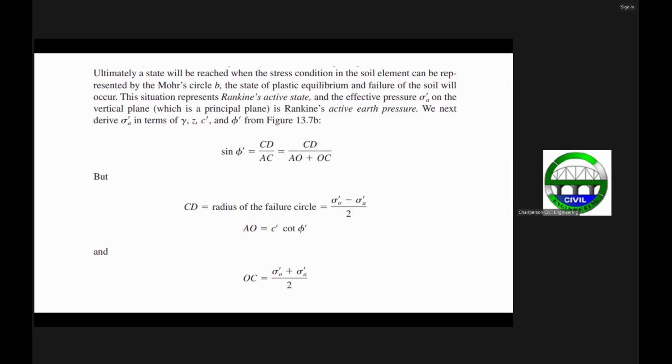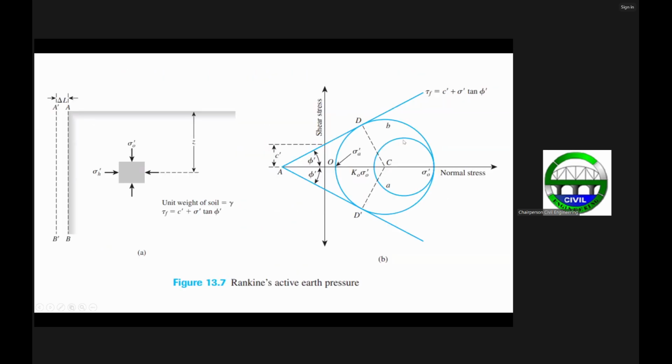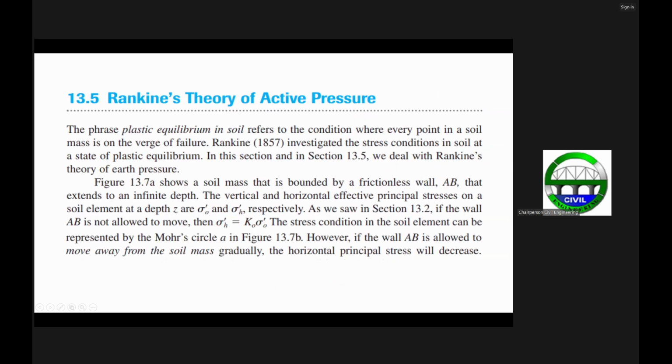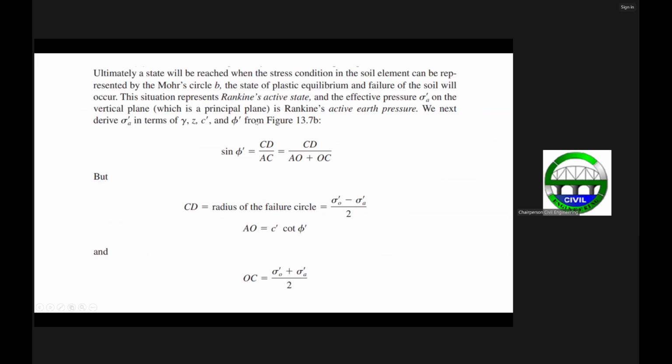So in that situation, that is now being represented by the Rankine's active state. So from this circle here to this Mohr circle, this behavior due to the movement of the wall away from its original position can now be considered as the Rankine's active state.